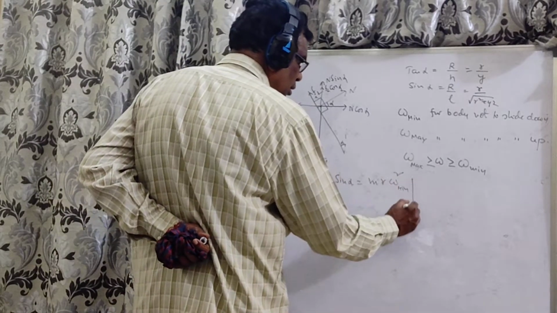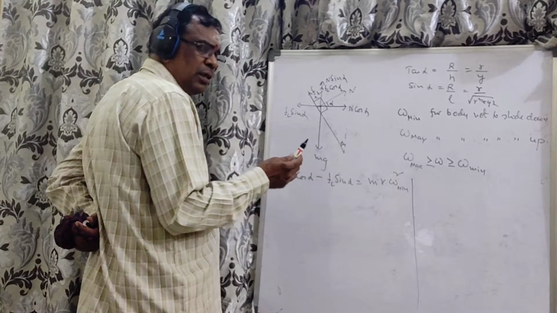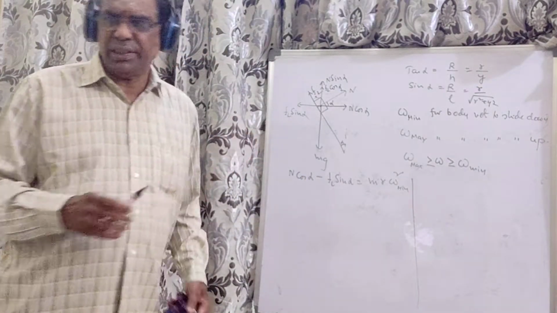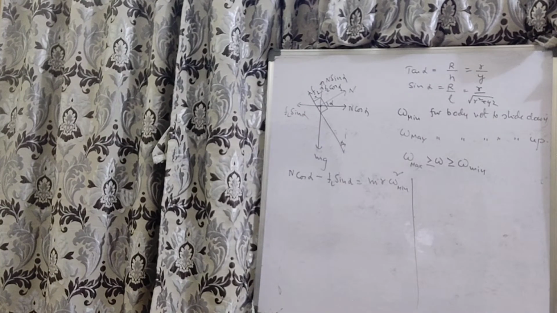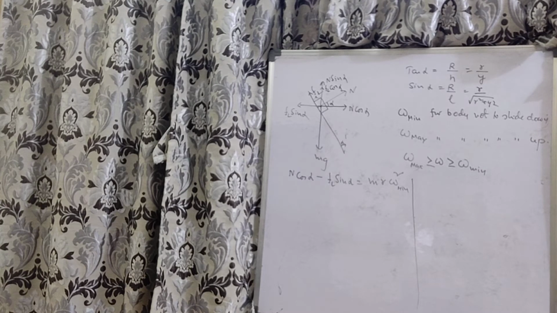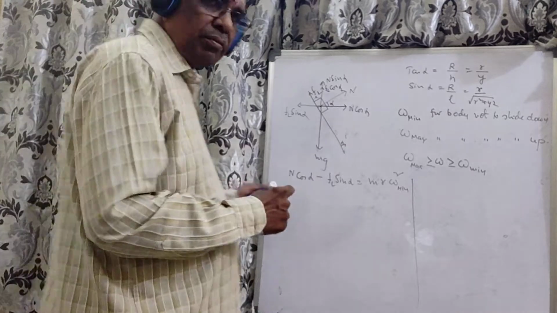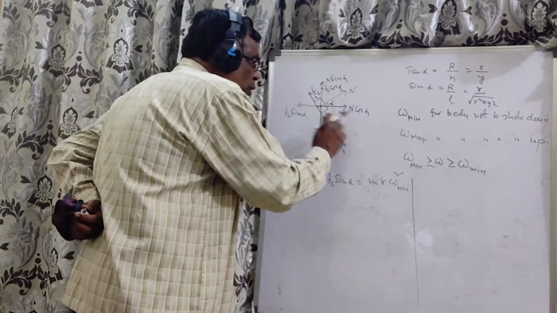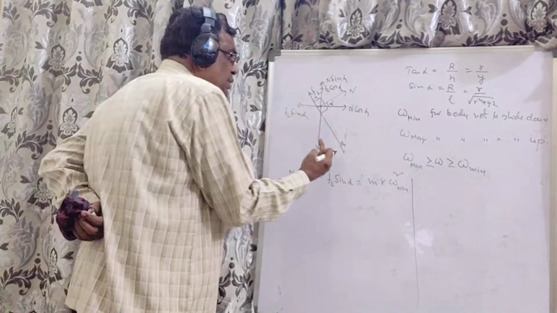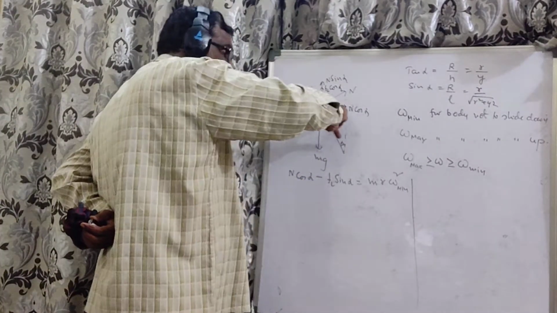Now, you see, sorry friends, the other one is, suppose it rotates very fast, there is a tendency for the body to slip up, then FL will be down.